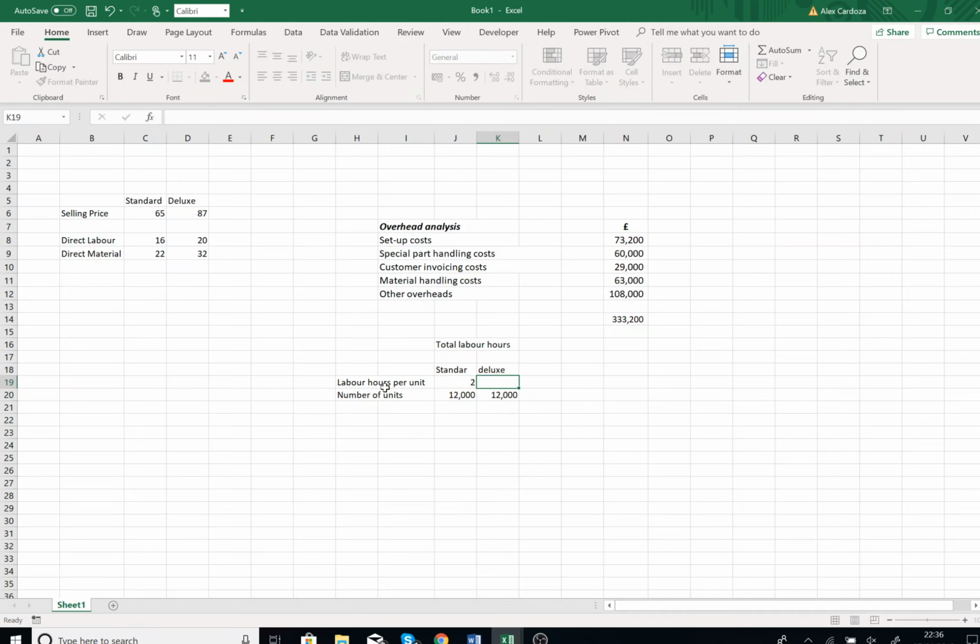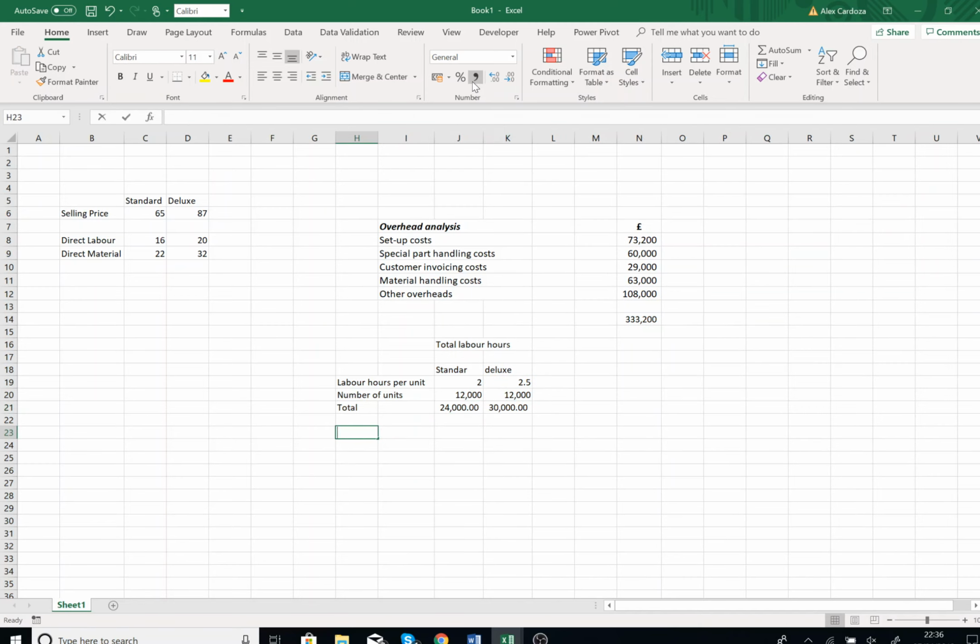That's 2 and 2.5 hours, so the totals are 24,000 and 30,000. Then total labor hours is the sum of these, 54,000.